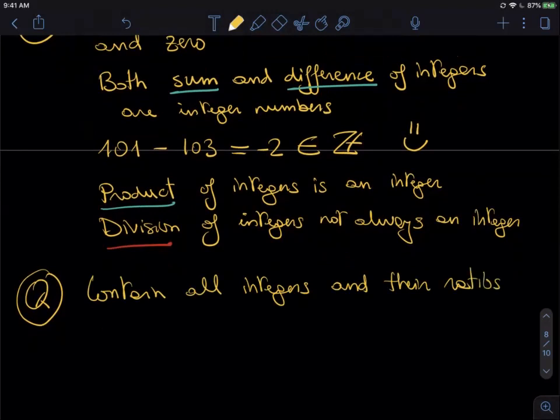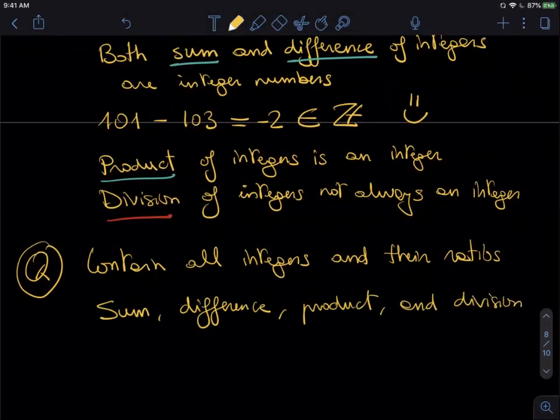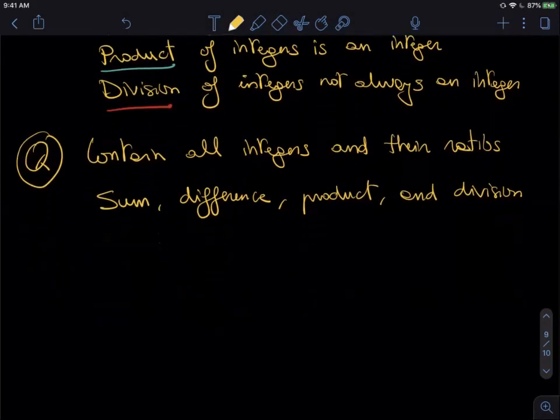In this case, the sum, the difference, the product, and the division, as long as we don't divide by 0, of rational numbers give a rational number.